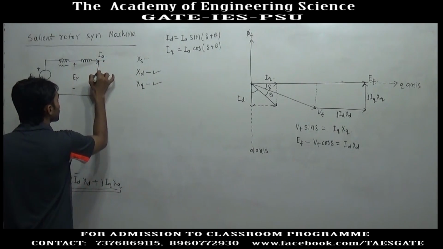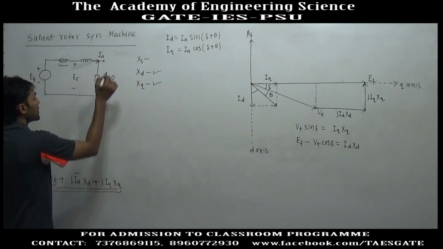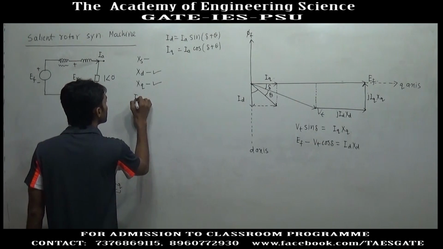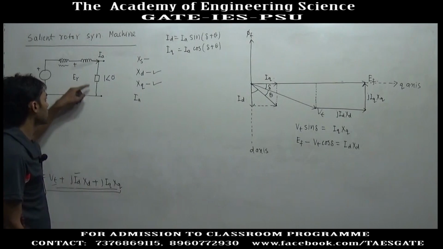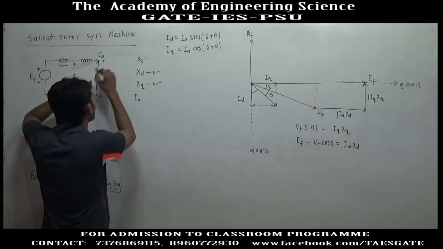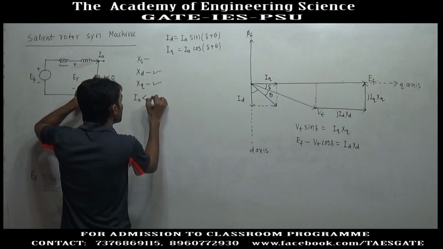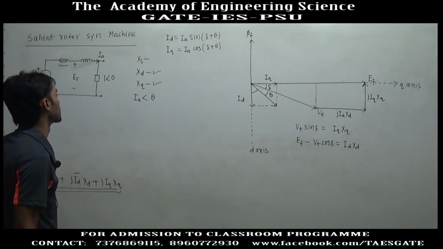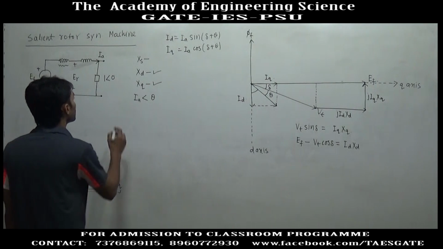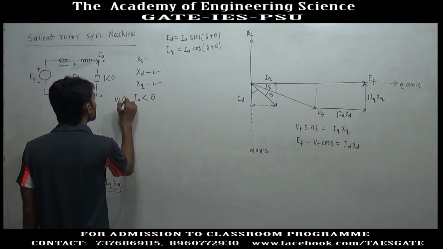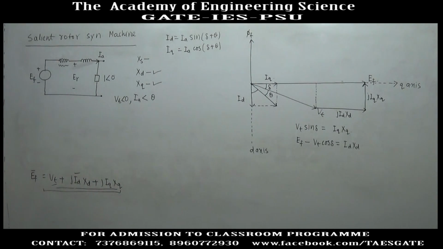And suppose a load is connected. So at the terminal end, you will be given the magnitude of armature current, and with the help of the nature of load, you will also know the power factor angle. So you have Vt angle 0, this quantity is given, and the current and its angle theta are given.